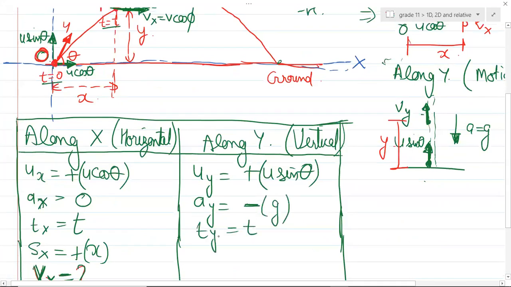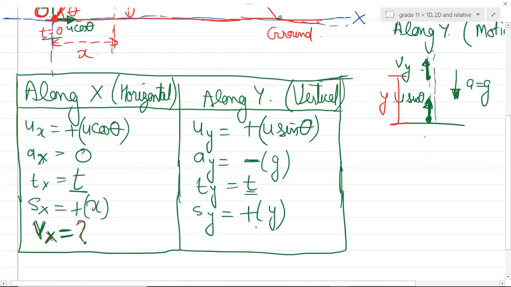The time taken for covering the y distance is also t. So can you see the time is equal in both the cases? Whenever an object does 2D motion, please remember time is the common parameter. I think we wrote this in the last class. Sy, what is the displacement in the y direction? Plus y. And what about the velocity in the y direction? I don't know. So now we need to find out this and this.